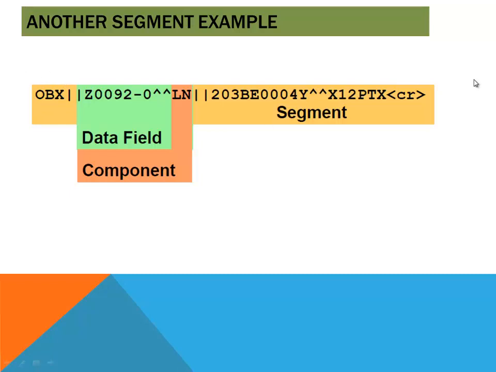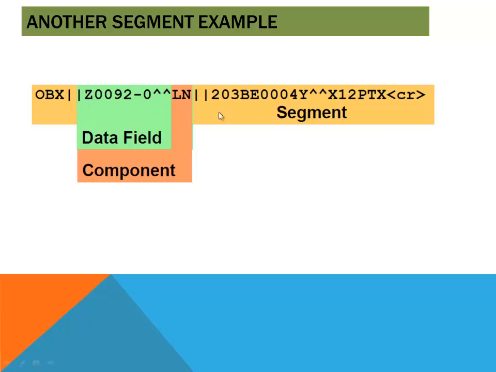It's not an MSH segment. The data field that's included here includes three components. This is one component. Also, there is another component between these two characters, and also the component arrow N.